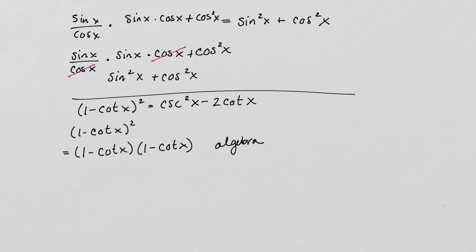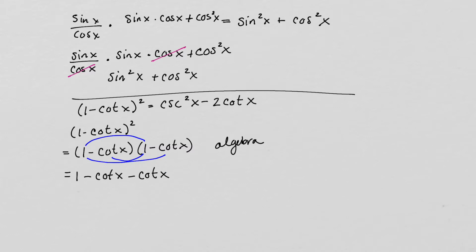Okay. So now if you FOIL this, I have 1 times 1, so that's going to give me 1. I have 1 times minus cotangent, so that's going to give me minus cotangent x. I have minus cotangent times 1, so that's going to give me minus cotangent x.